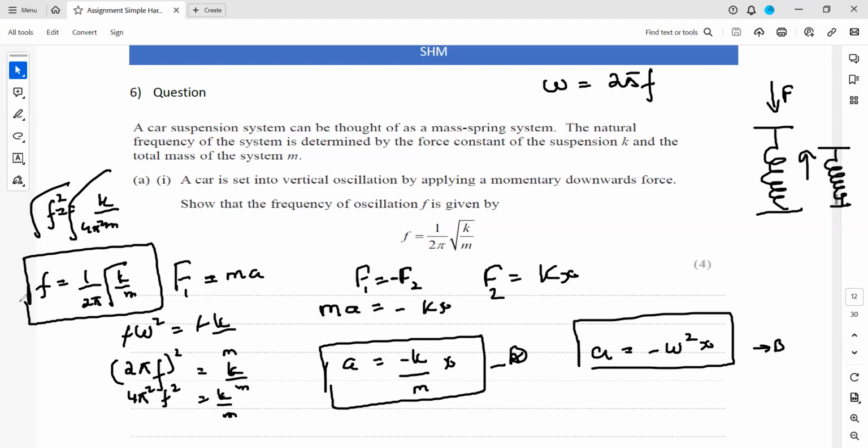You can also derive a formula for the frequency. This is the thing which you have to learn, especially the derivation for the frequency or the time period for a mass spring system or a simple pendulum. Is this derivation clear? Any doubt in this?